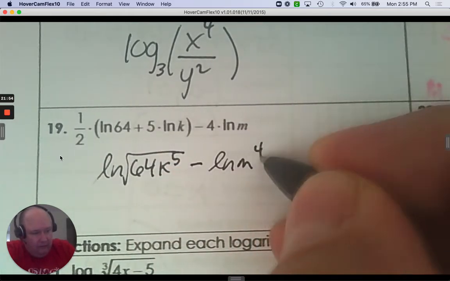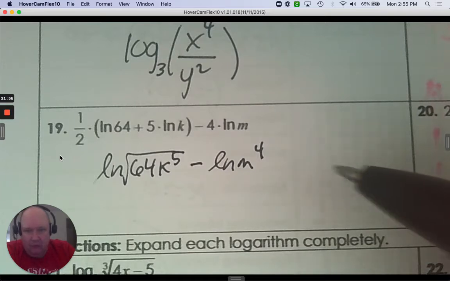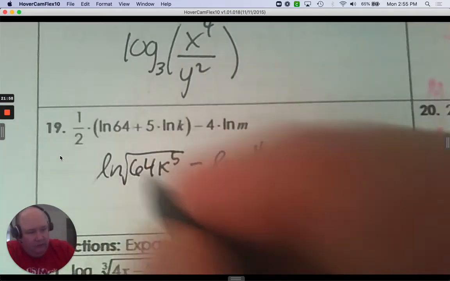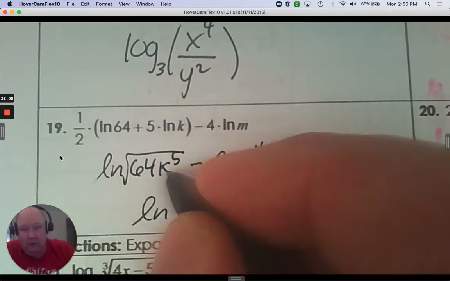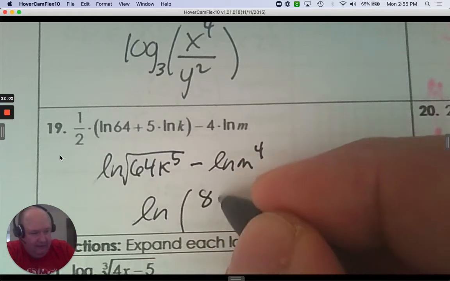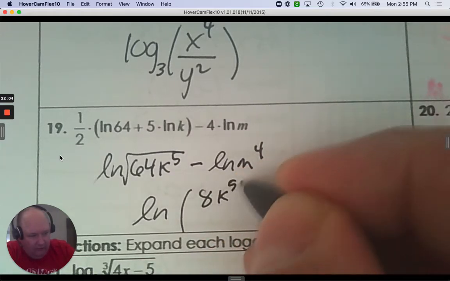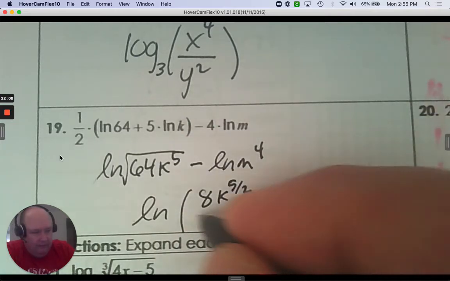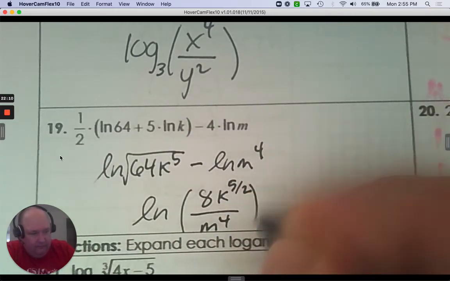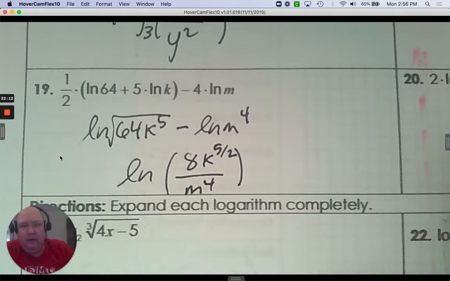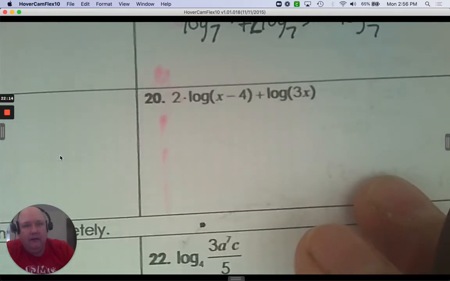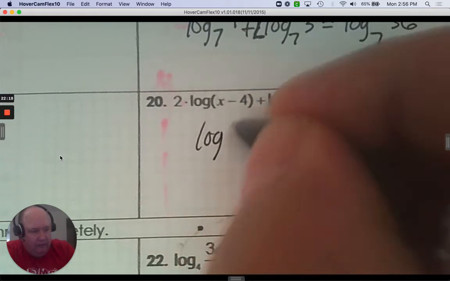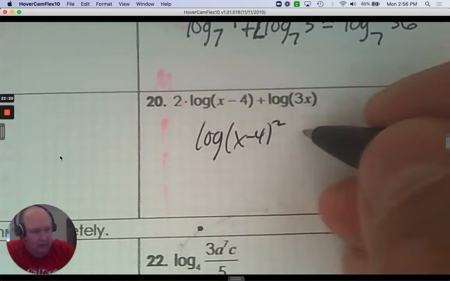And again, the exponent on m is 4. So if I was going to write this together, the square root of 64 is 8. I'd write k as 5 over 2 because of the square root, and then divided by m to the 4th. That's one logarithm.